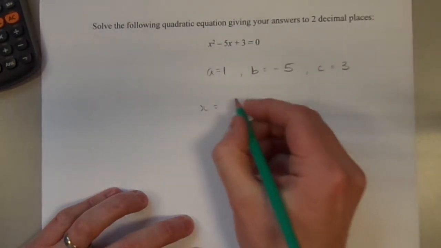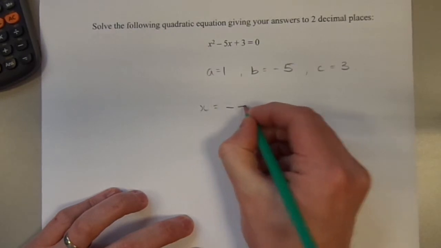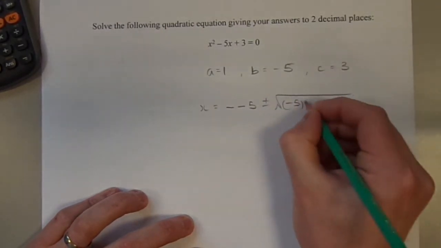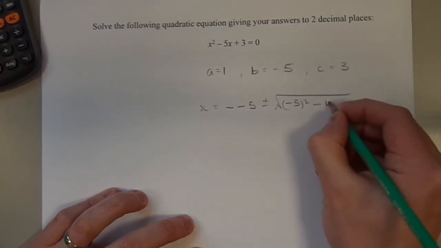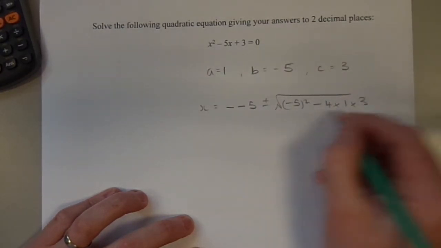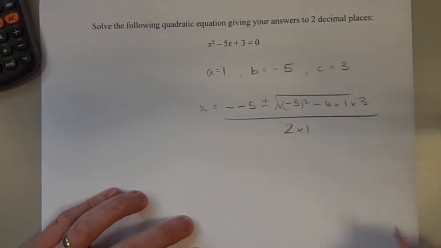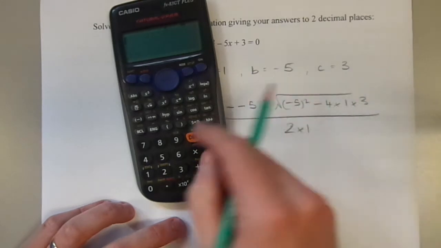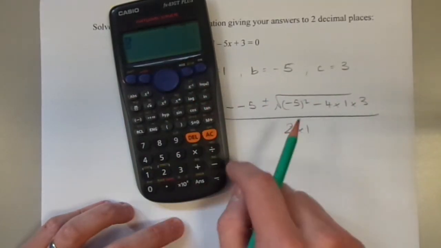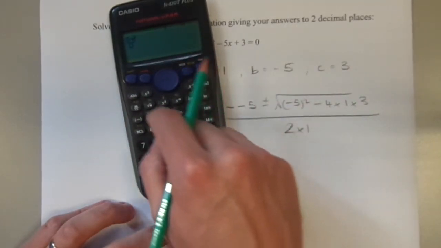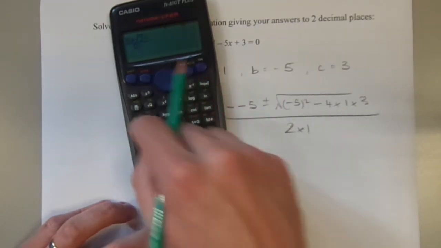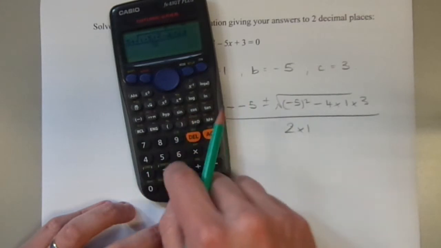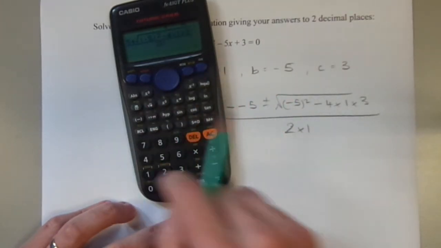So x is equal to minus b, which is minus minus 5, plus or minus root of minus 5 squared minus 4 times a times c, all over 2a. Minus minus 5 is just positive 5, plus or minus root of minus 5 squared minus 4 times 1 times 3, all over 2 times 1.